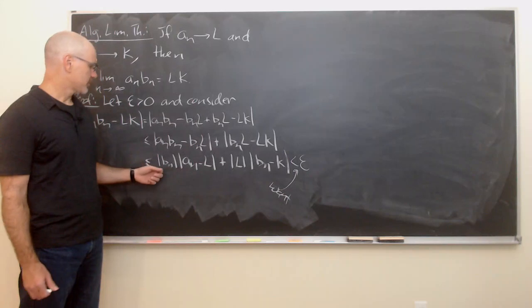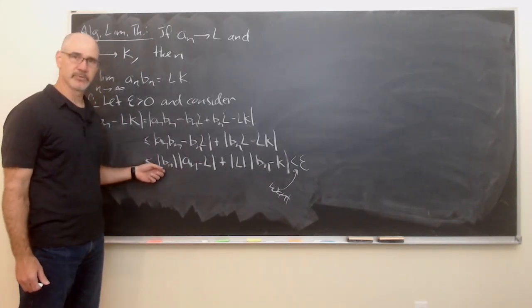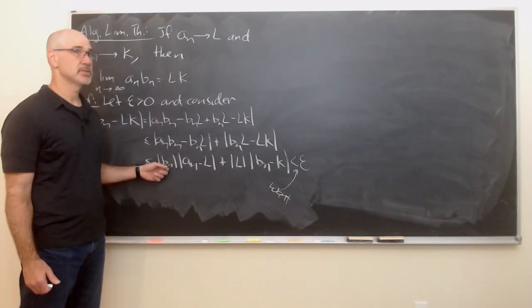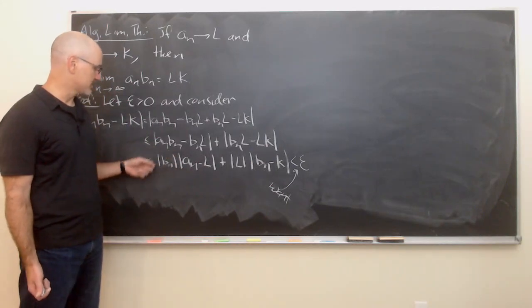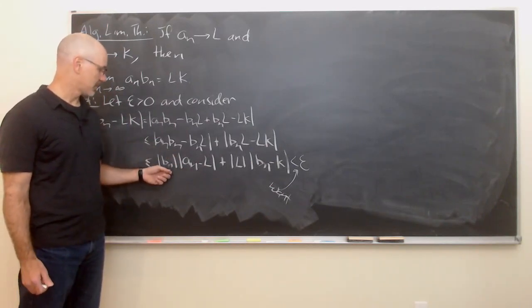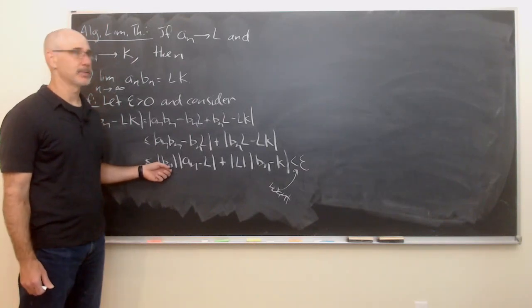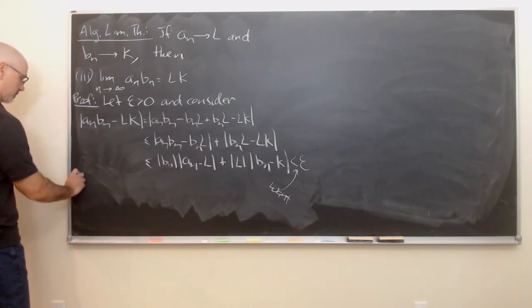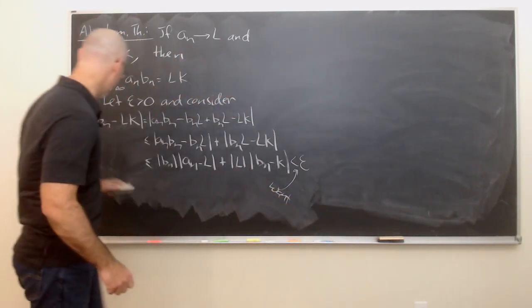Now, there are a couple of ways we can proceed, but it's convenient to use the first result we proved in this section, that because Bn is a convergent sequence, it's also bounded. So all of these Bn's might bounce around quite a bit, but we know that the absolute value is less than some real number, capital M. By definition it's bounded, but it's by our theorem from before.